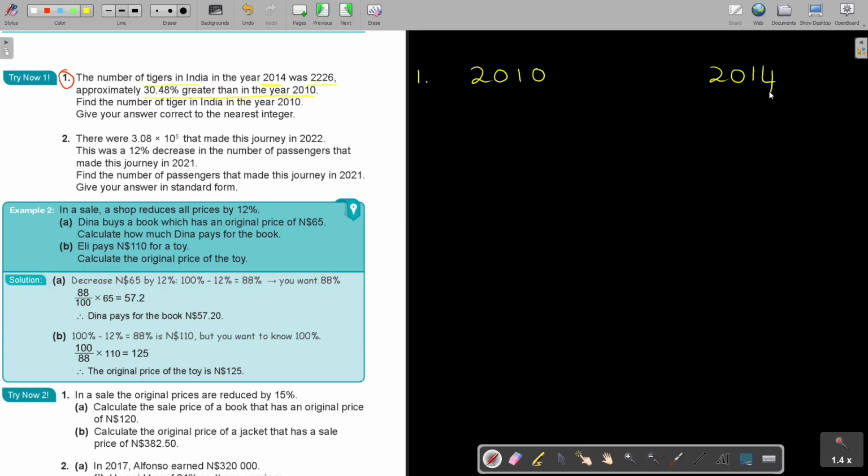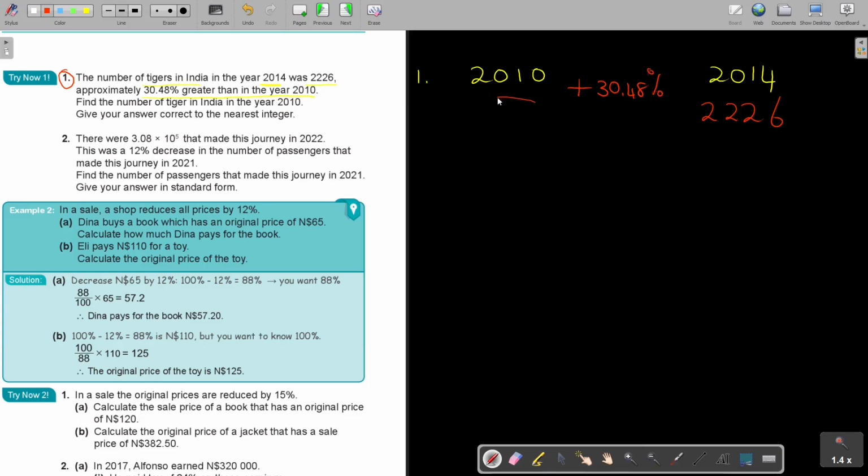And now in 2014, it was 226. So basically, greater means an increase. It was an increase of 30.48%. I just show the percentage. So it was 100 and then it increased to this. Okay.